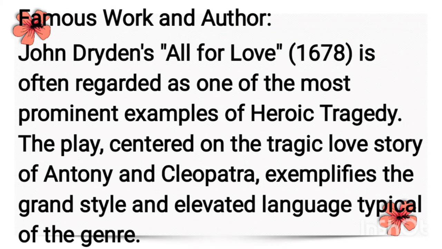Then famous works and authors: one of the most famous works of heroic tragedy is All for Love in 1678 by John Dryden. This play tells the heroic love story of Antony and Cleopatra, and it's a great example of the genre. It uses elevated language and grand themes of love and honor, fitting the style of heroic tragedy perfectly.